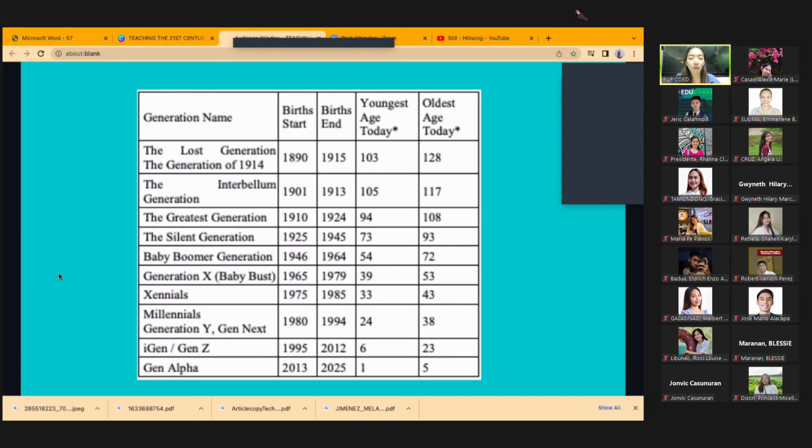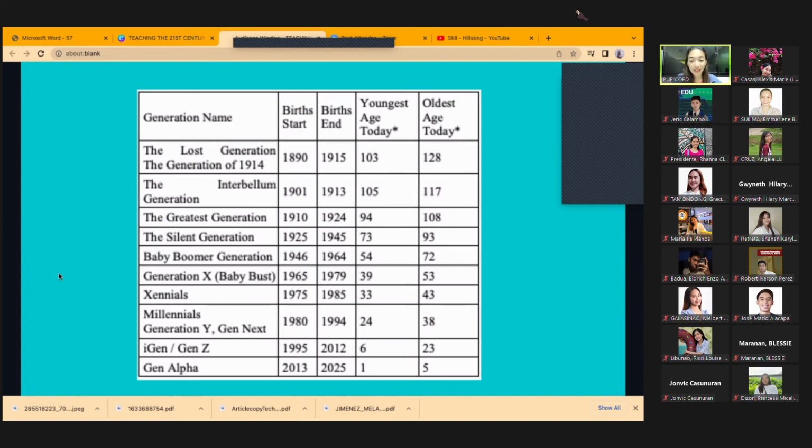So, they are the baby boomers. The generation X and seniors, they are the same. But these are the people na 53, 43 years old na ngayon. And then the millennials, also called the Generation Y. They are those people na 38 to 40 years old na ngayon. So they are the millennials.